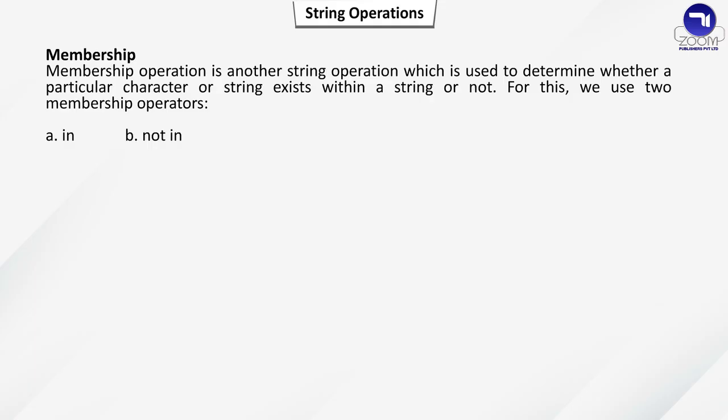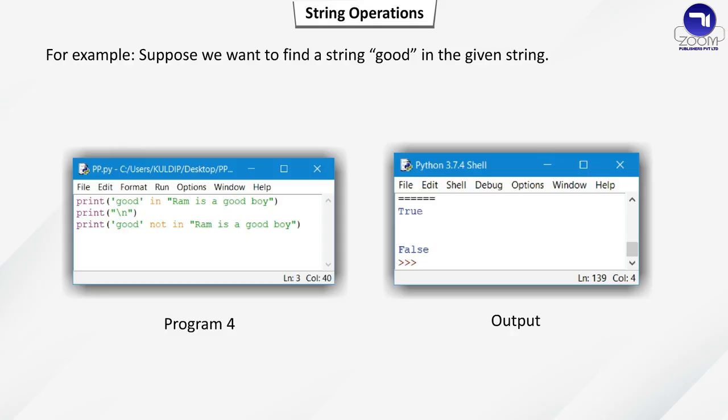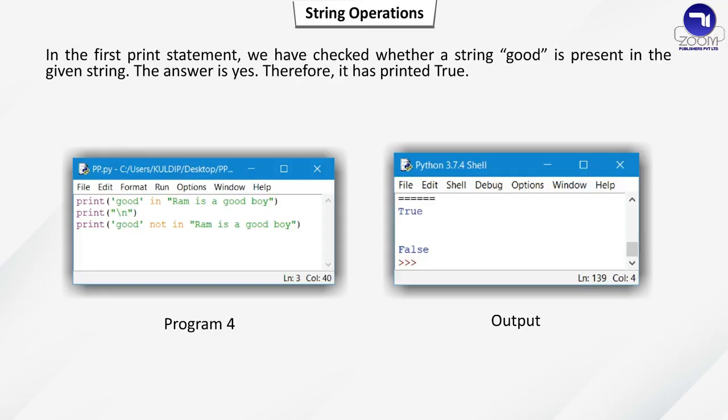Membership. Membership operation is another string operation which is used to determine whether a particular character or string exists within a string or not. For this, we use two membership operators, in and not in. For example, suppose we want to find a string good in a given string. In the first print statement, we have checked whether the string good is present in the given string.